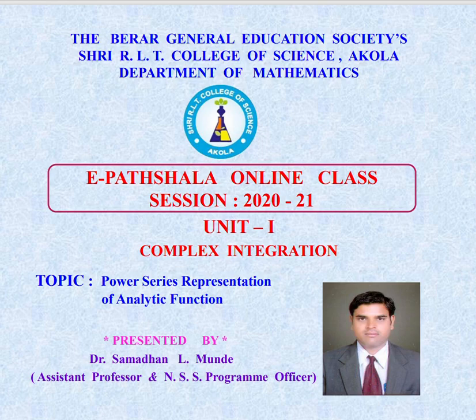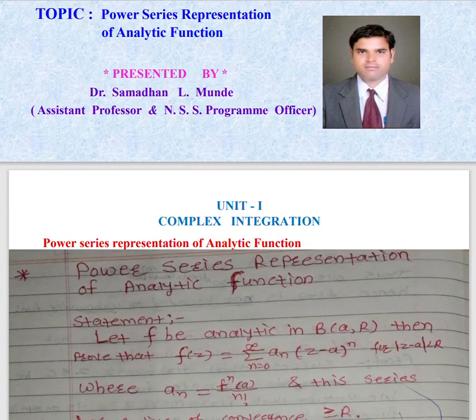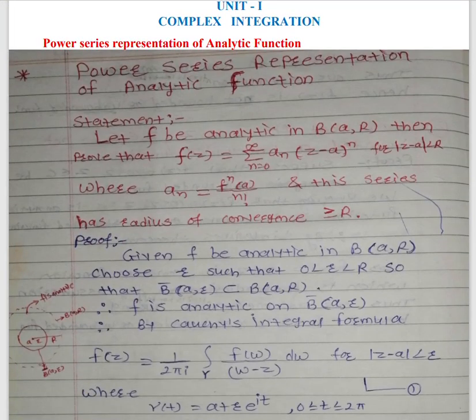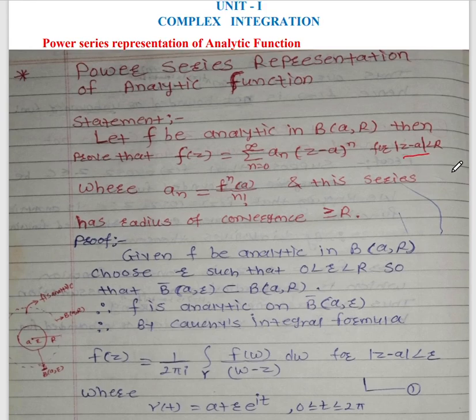First of all, we will see the statement of the power series representation of an analytic function. Let f be an analytic function in an open circle whose center is a and radius is R. Then we have to prove that f(z) equals the summation n equal to 0 to infinity a_n (z minus a) to the power n, for |z minus a| less than R, where a_n equals f^(n)(a) upon n factorial.